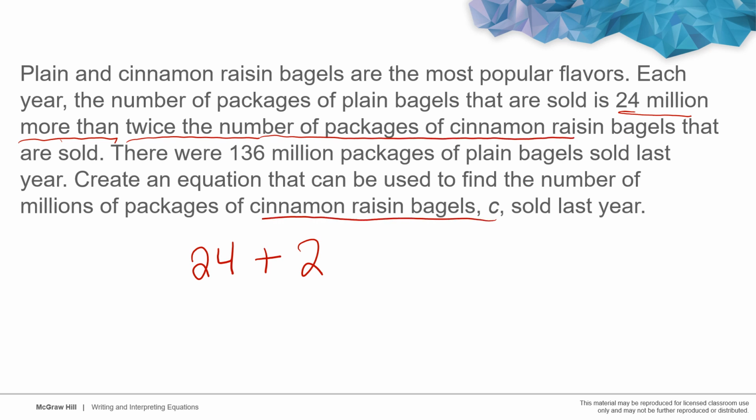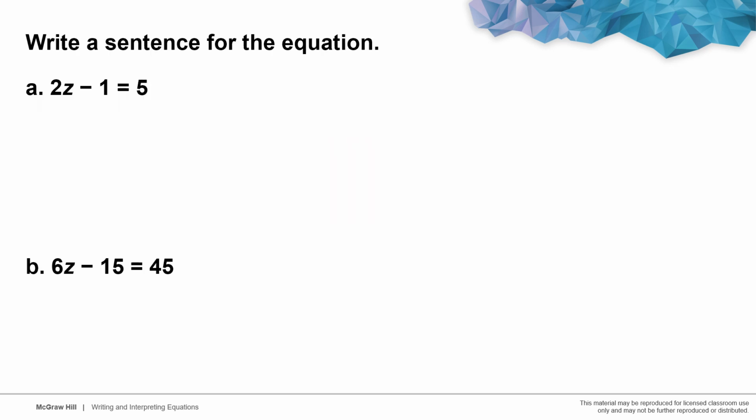And that's our unknown. So 2 times C. We don't know how many cinnamon raisin bagels were sold. And they're saying that is equal to the 136 million packages of plain bagels. So that's going to be equal to the 136. Okay, so now we're going to look at it and then write the sentence.